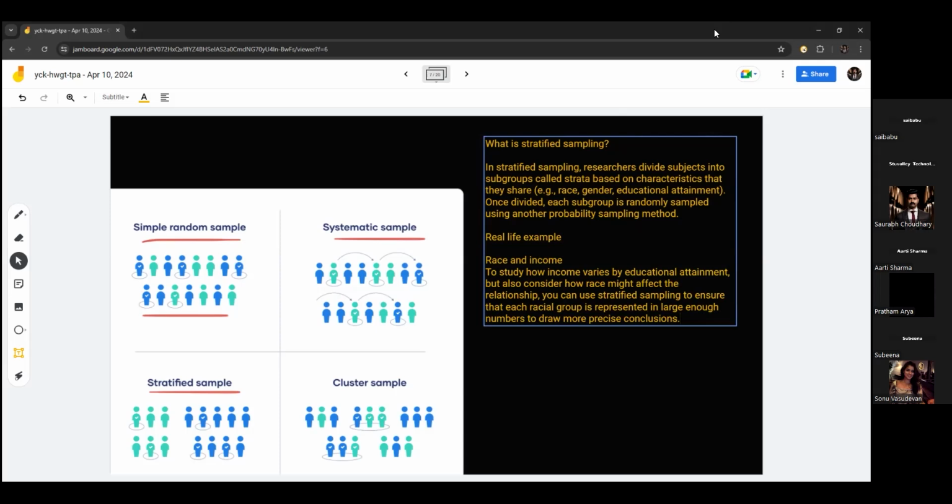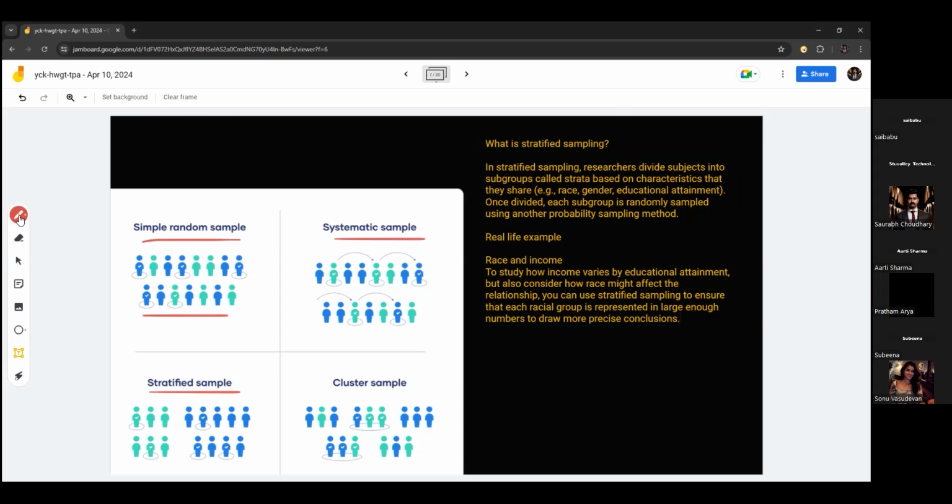To study how income varies by educational attainment, but also consider how race might affect their relationship, you can use stratified sampling to ensure that each racial group is represented in large enough numbers to draw more precise conclusions, right?